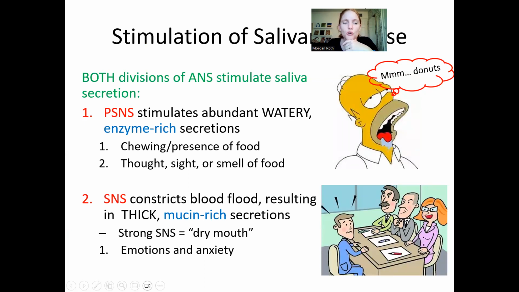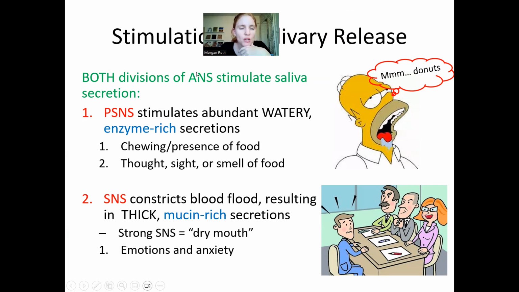So the parasympathetic nervous system is going to stimulate the release of saliva that is watery and has a lot of enzymes. That is going to happen when you smell food or think about food, or if there's food in your mouth, to digest that food.